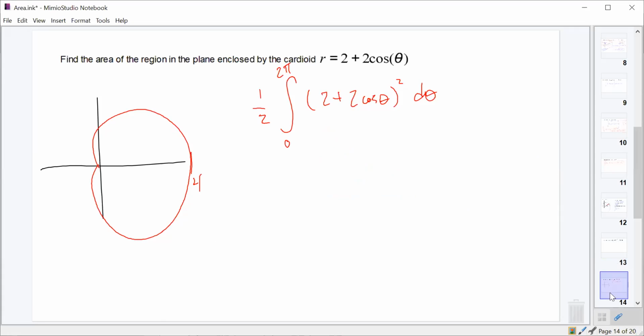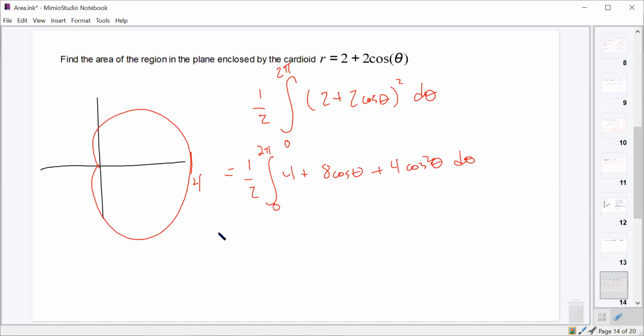Okay, so then we've got to distribute all that out. So we've got 1/2 of the integral from 0 to 2 pi of 4 plus 8 cosine theta plus 4 cosine squared theta d theta. And what do we get there?